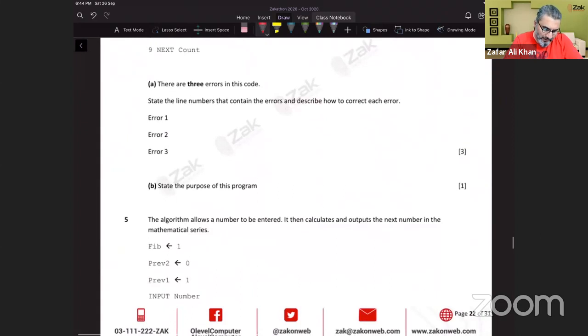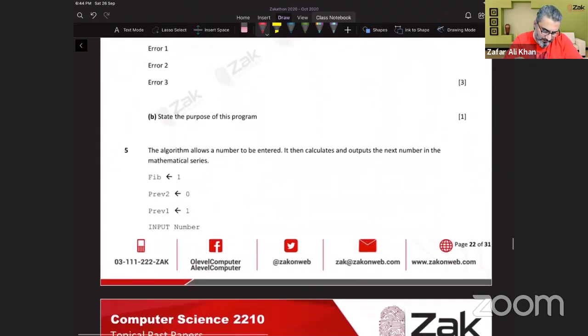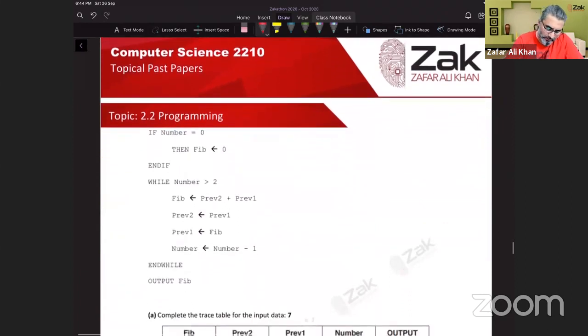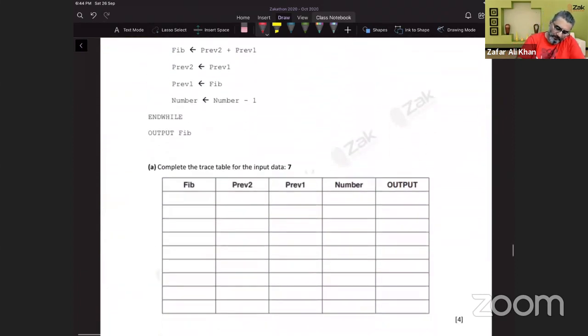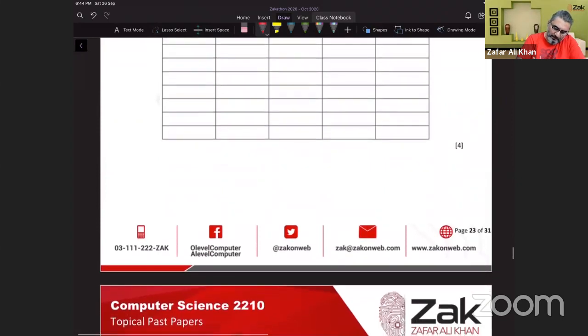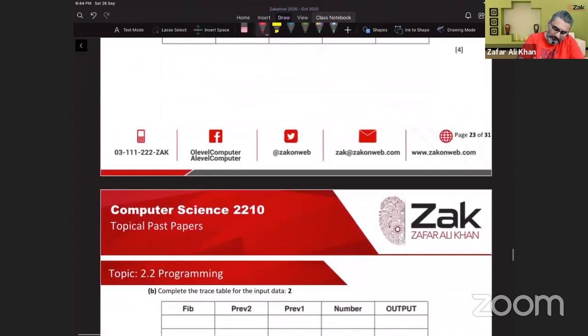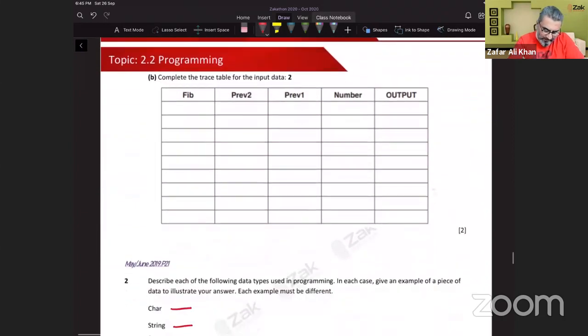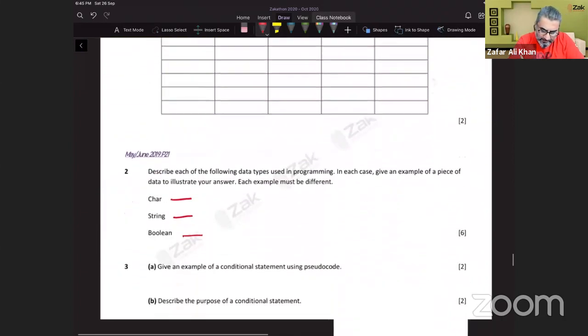अच्छा, May June 2019 3A: gave an example of a condition statement using pseudocode. So if A is greater than 0, then B is equal to A. Describe the purpose of a conditional statement.